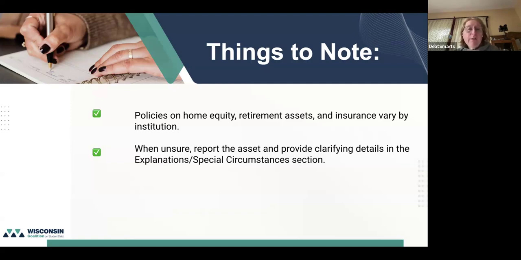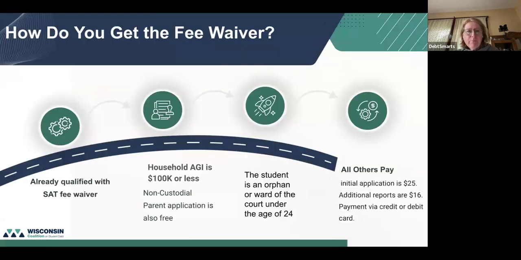If you're unsure, two things I would suggest. One is contact the financial aid office of the college that you're applying to that requires this form. And there's also an explanations and special circumstances section.